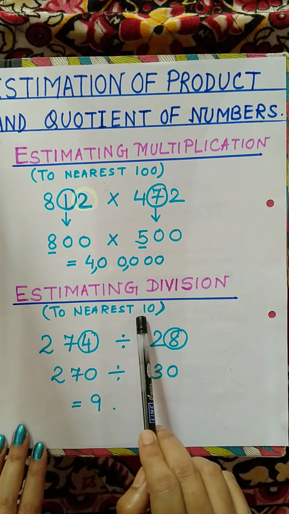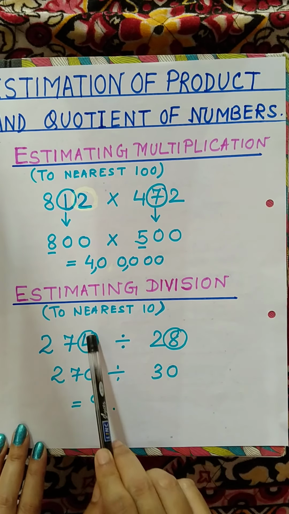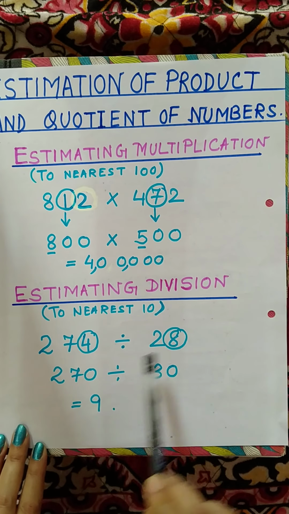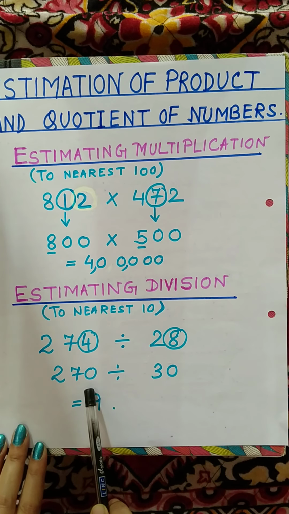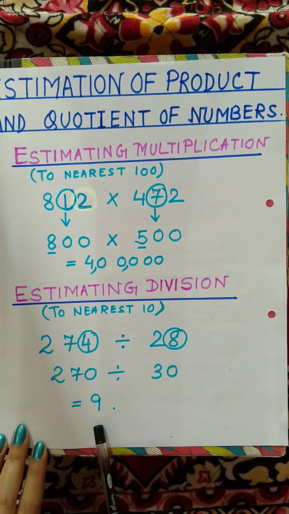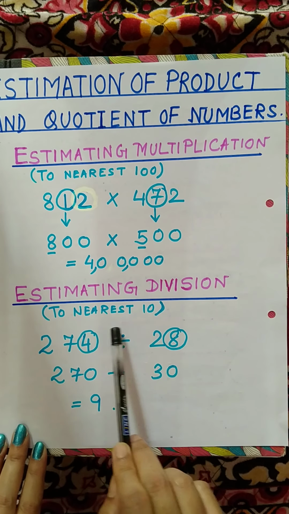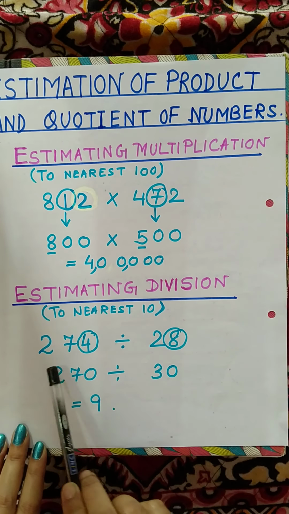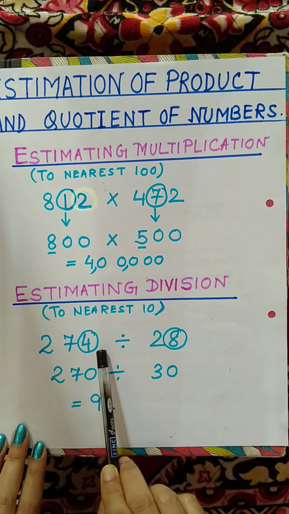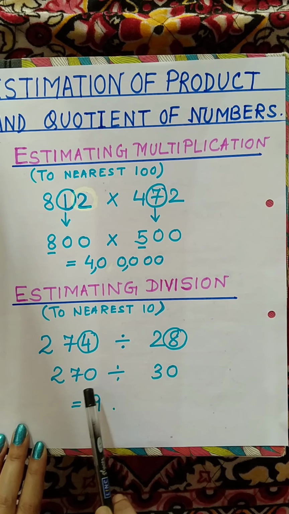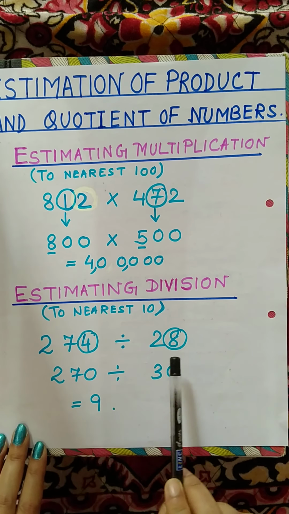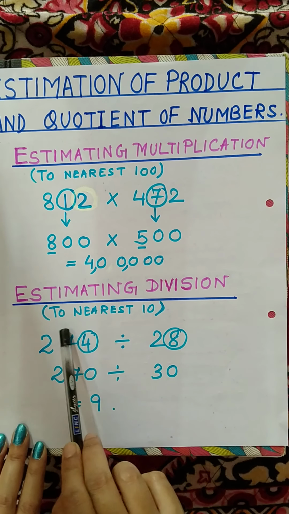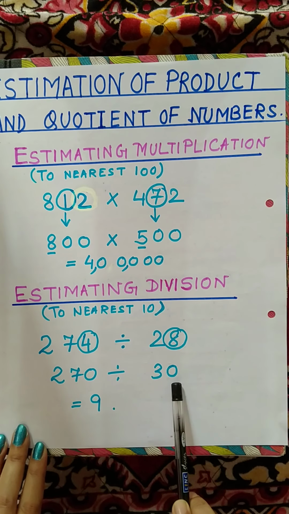Similarly, estimating division, we first individually round off the numbers and then divide. Here we are rounding off to the nearest 10. 274 rounded off to the nearest 10 is 270. 28 rounded off to the nearest 10 is 30.